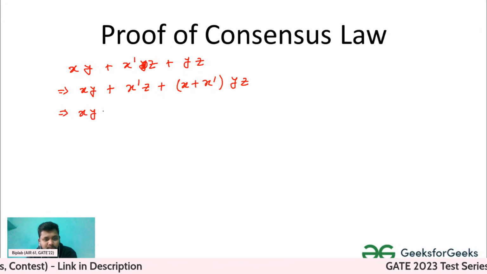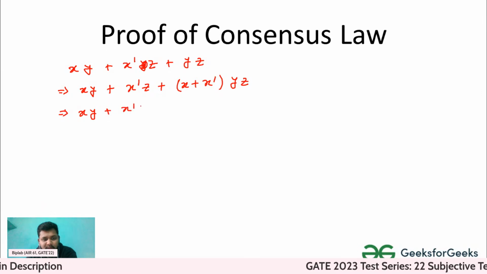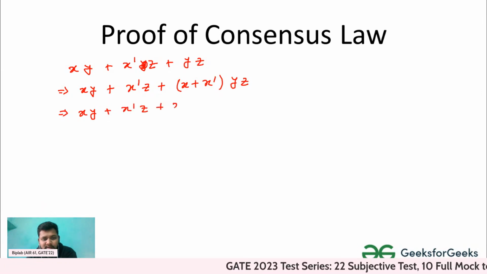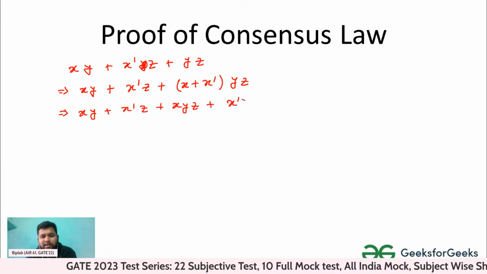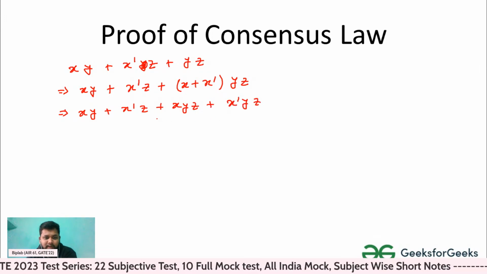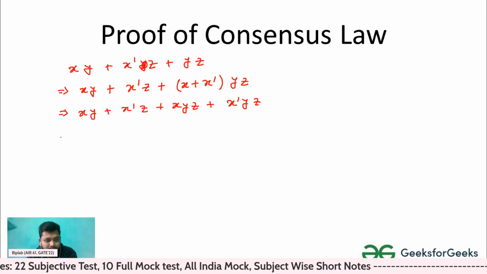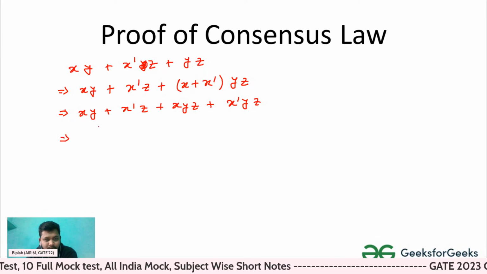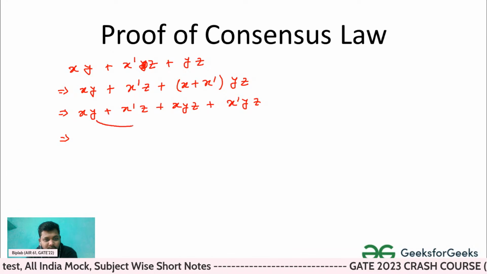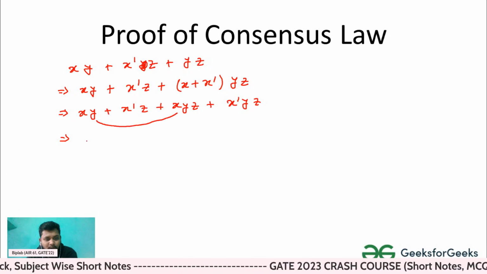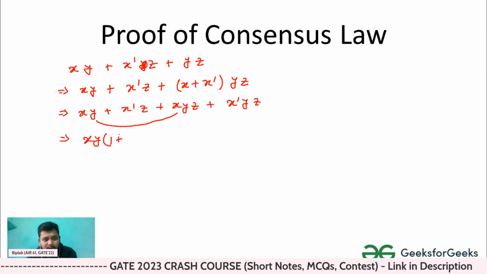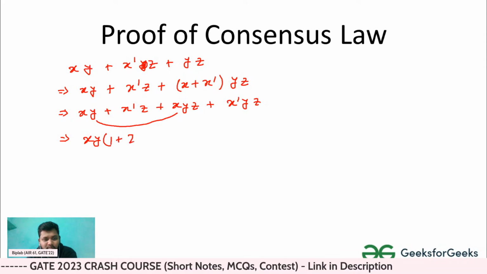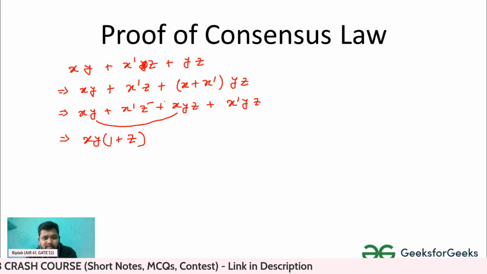So your equation becomes xy plus x bar z plus xyz plus x bar yz. Okay. Now what you can do, from these two you can take xy common. So what is left is 1 plus z, and also do the same for this and this term.